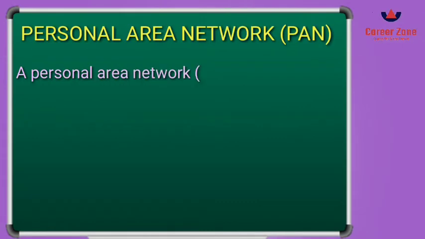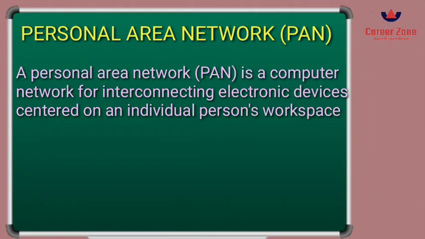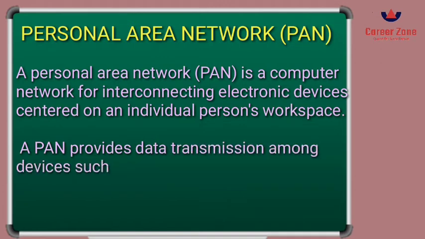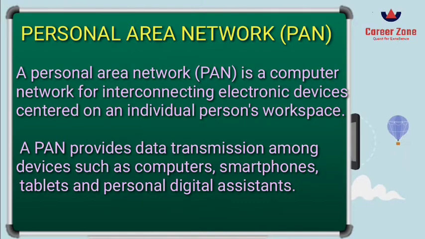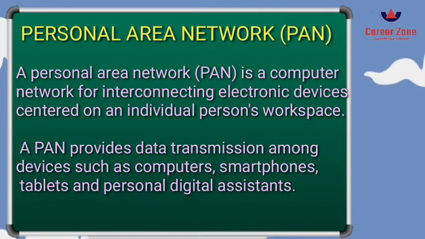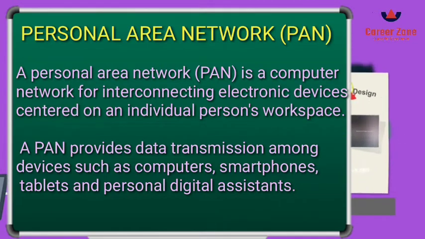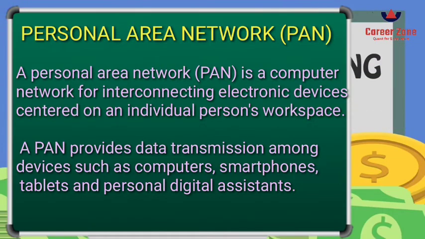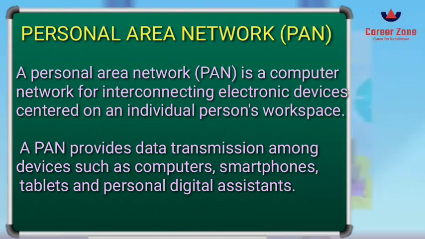So the first category of a network is personal area network, which is PAN. Personal area network is formed by connecting electronic devices at a particular individual's workspace. It means at a home or maybe an office, when your mobile or computer is transmitting data or information, or you are sharing data among the computer and smartphones available at your workspace, at your home, at your office only.